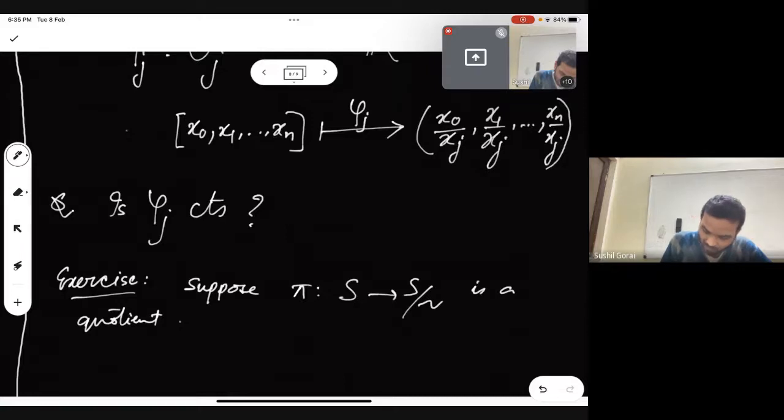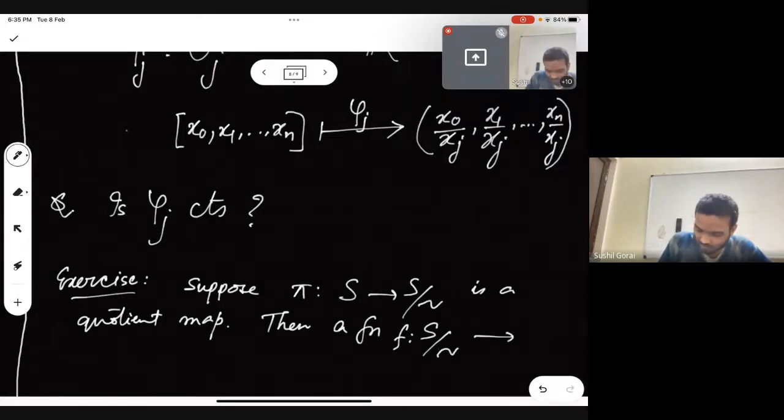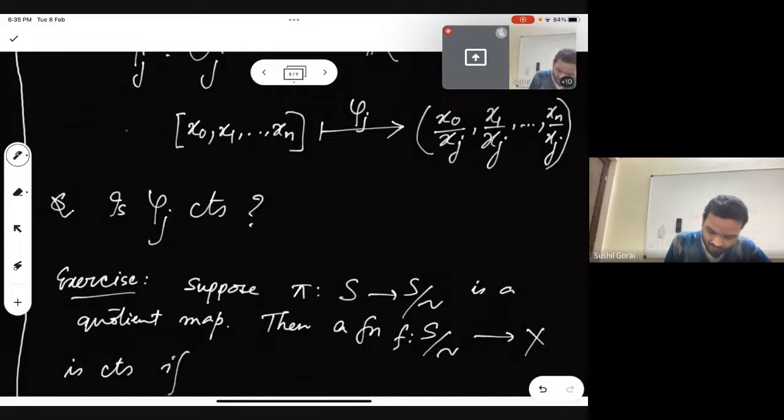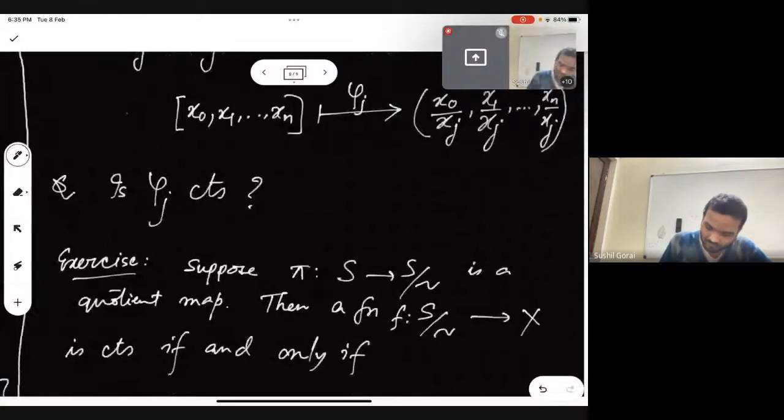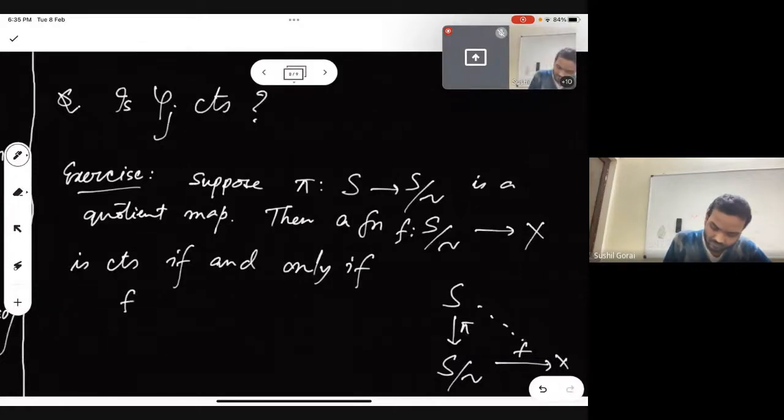Then a function f from this quotient space to some topological space X is continuous if and only if the composition f composed with pi, from S to X, is continuous.